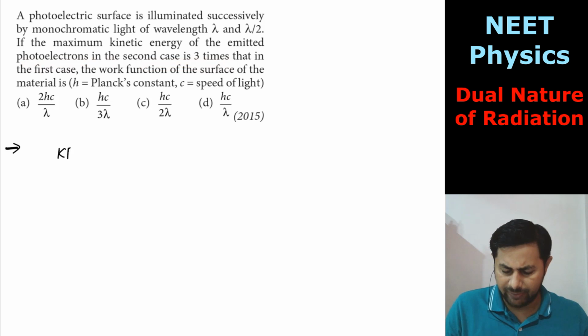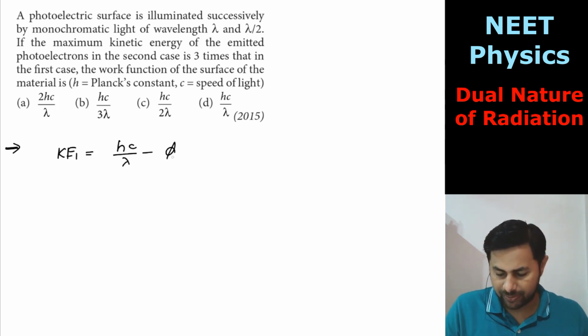So you can say Ke1 is equal to Hc by lambda minus work function phi naught. In the second case, Ke2 is Hc by lambda by 2 minus phi naught, right?